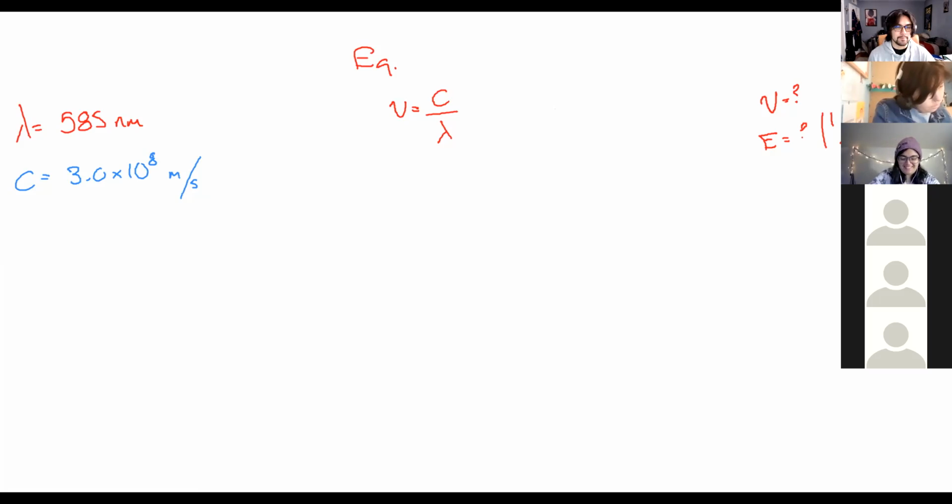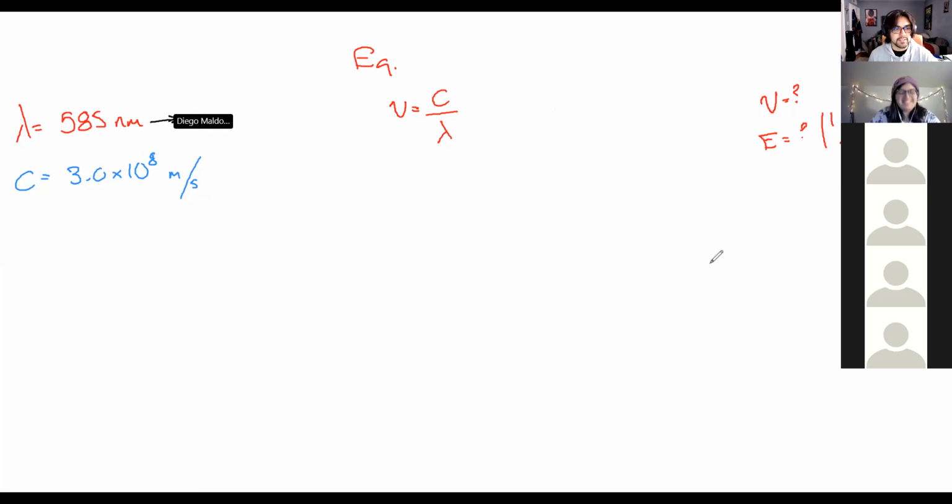Okay, and then what's one thing you already noticed about my units that I need to do? I need to convert this into meters. So 585 nanometers. Is nanometers larger or smaller than meters?